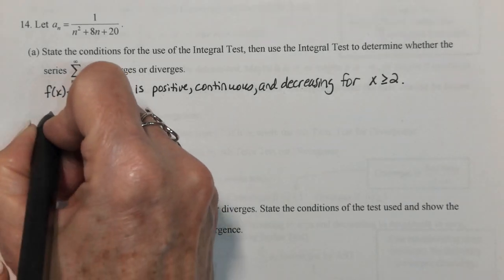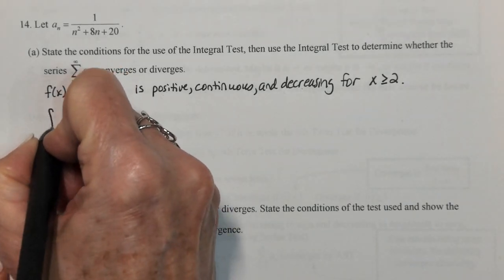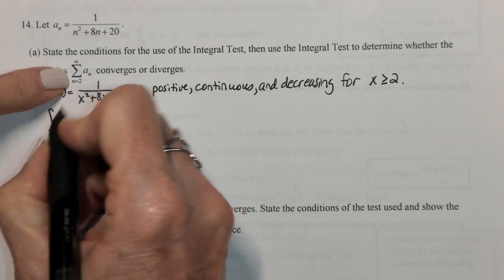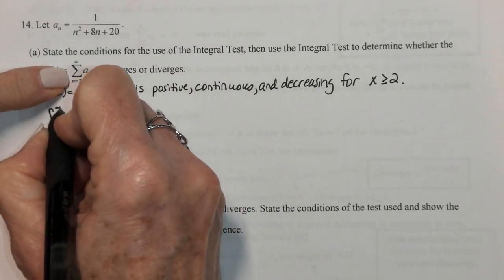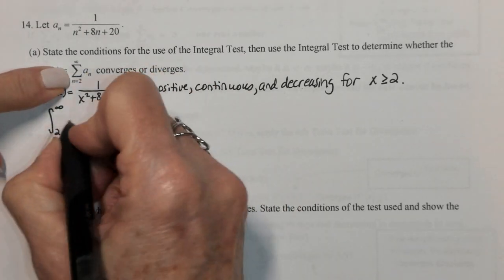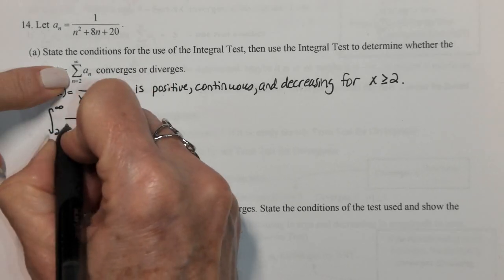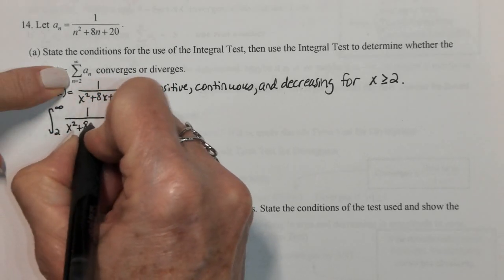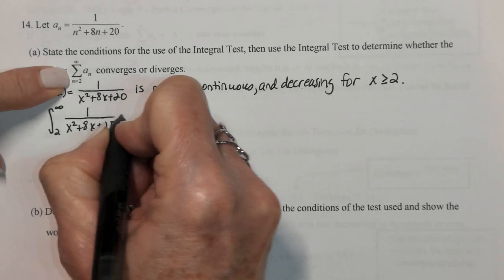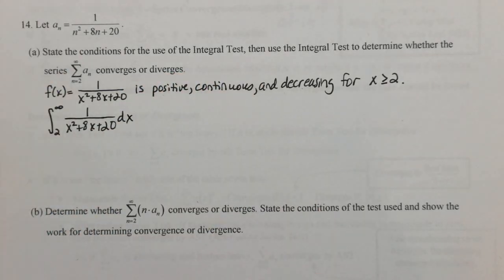Alrighty, so now we are going to use the integral test. I need to set up the integral test. I'm using the same boundaries on my integral that are on my series, and then I have my function. Now I want to evaluate that integral because I want to know if it diverges or converges.